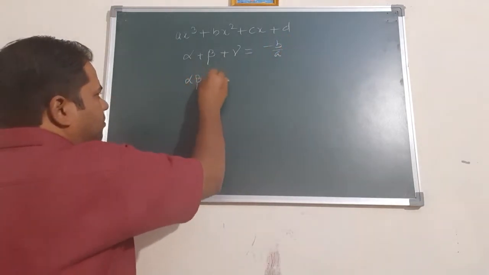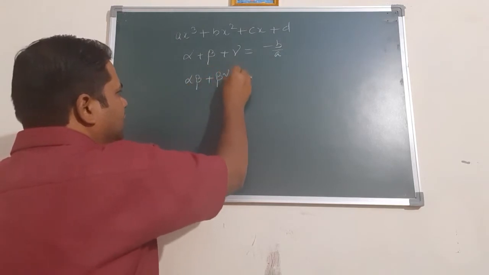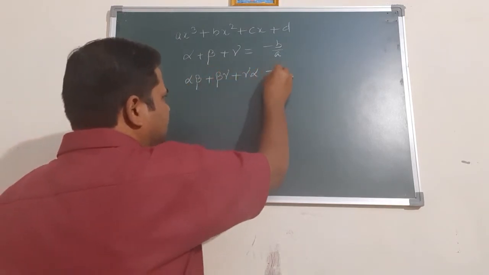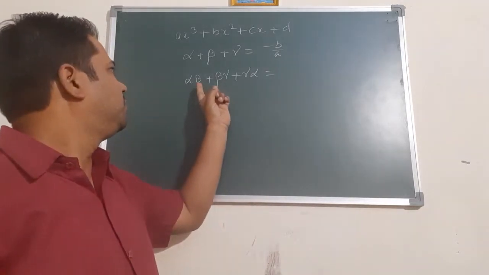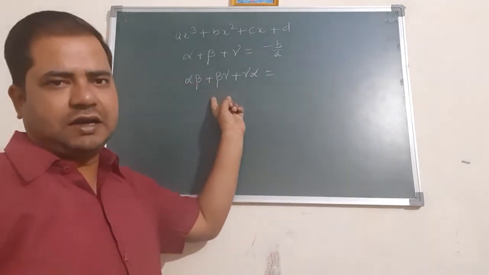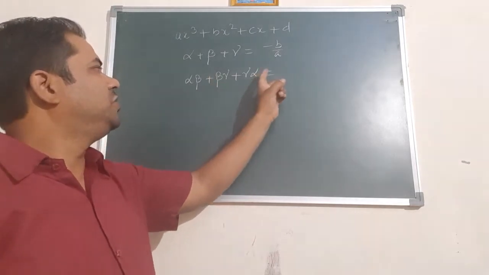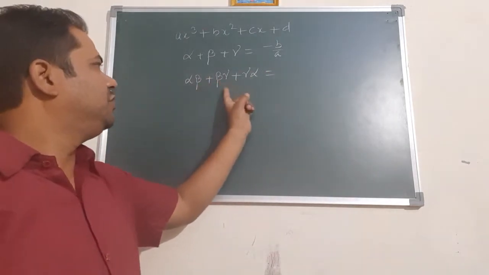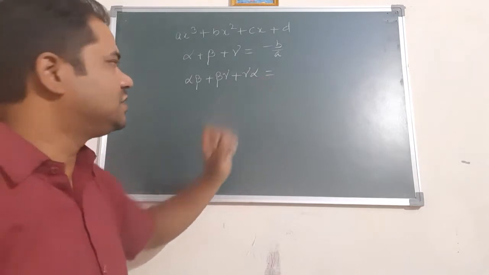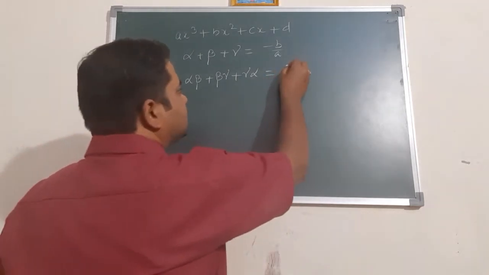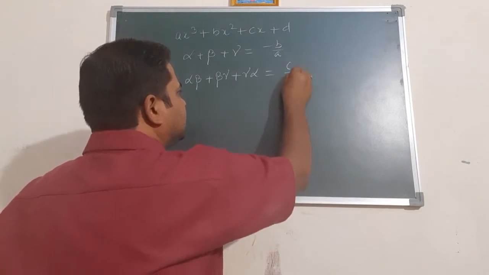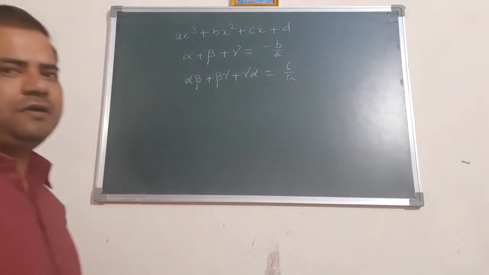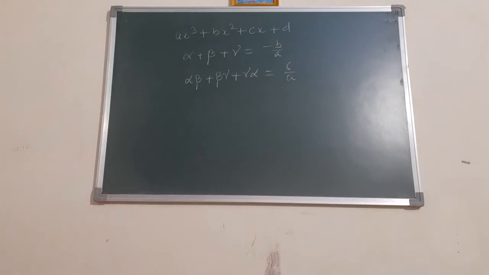The sum of the products taken two at a time of the zeros of the polynomial, alpha beta plus beta gamma plus gamma alpha, is nothing but c by a.